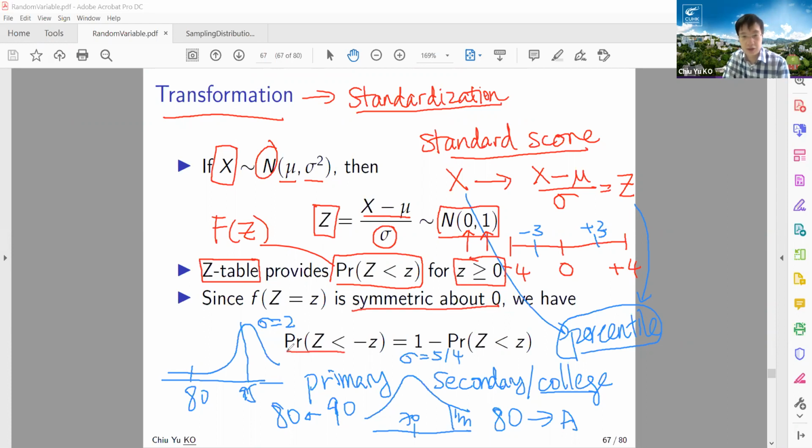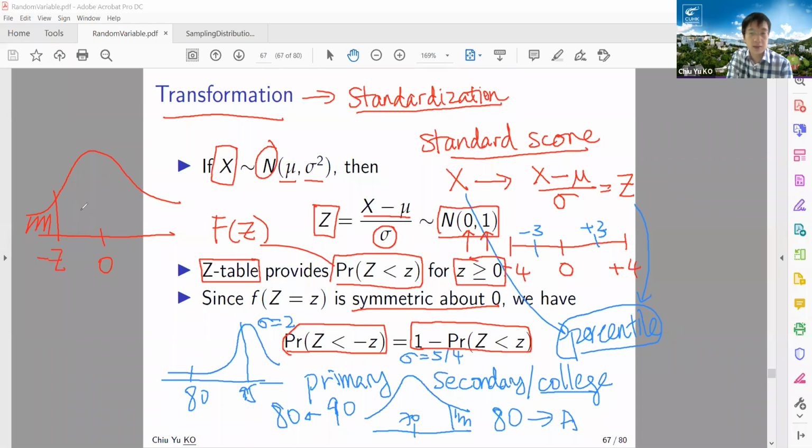So to find the negative, we'll be using 1 minus. The reason is the following. Hopefully you can see it. At 0, if you want to find this area for negative z, the red area, you look at the symmetric case z, the blue area.